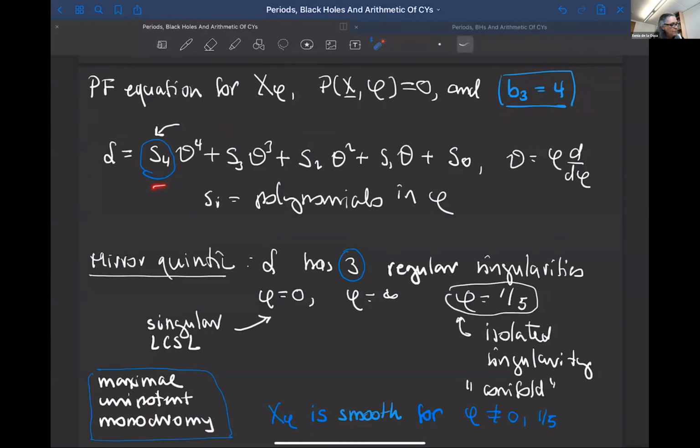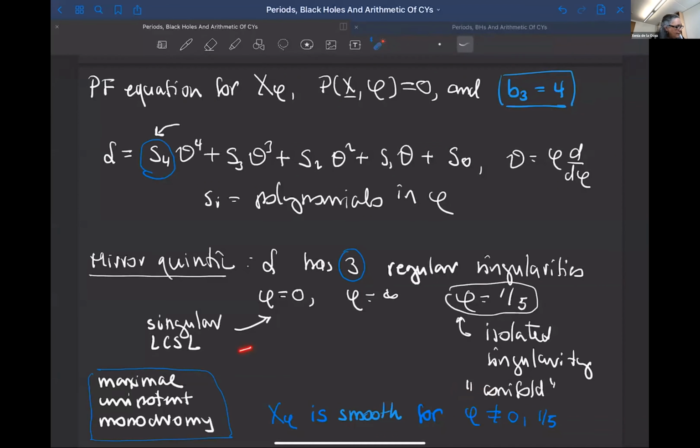Which will have this form where theta is the logarithmic derivative with respect to the parameter, and these si's here are polynomials in phi. For the quintic, the differential equation has only 3 regular singularities, at phi equals 0, phi equals infinity, and phi equals 1 over 5^5. This one here corresponds to a manifold that has an isolated singularity, which is an ordinary double point, which physicists call a conifold singularity.